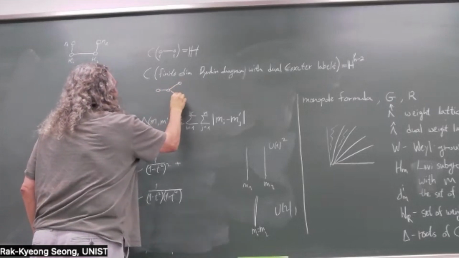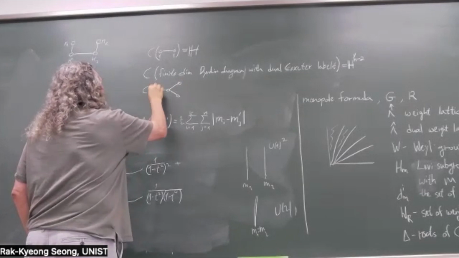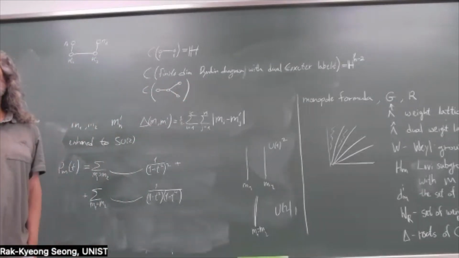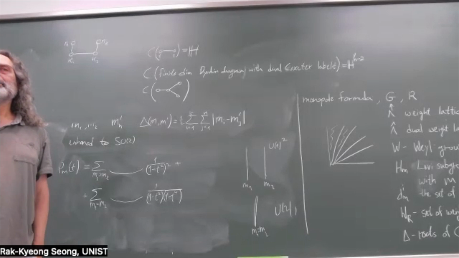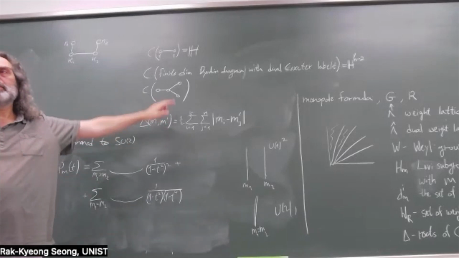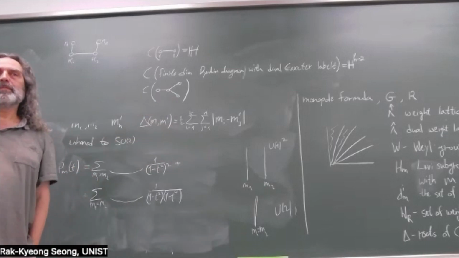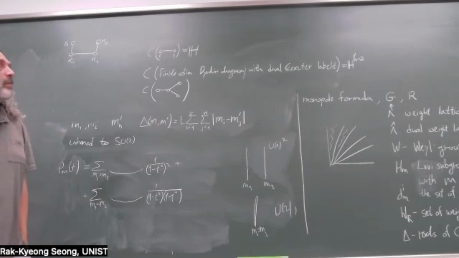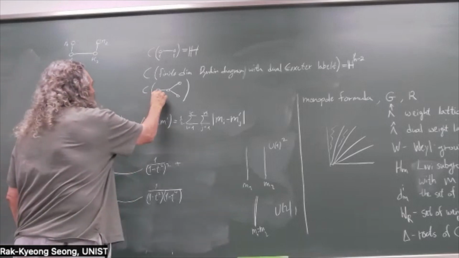Which Dynkin diagram is this one? This one. That's 12.